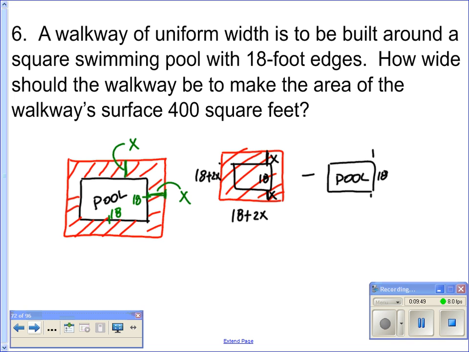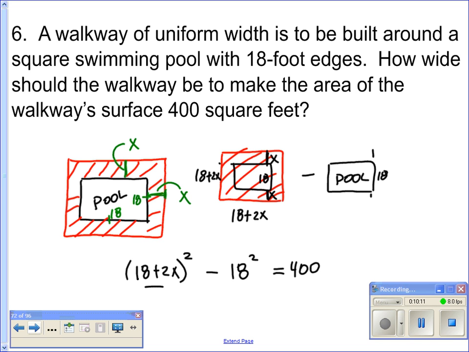All right, so that means that 18 plus 2x is going to be the area on the outside, but now we need to knock out that pool area, which is going to be 18 squared, the 18 by 18 pool. And what we want is for that to be 400. All right. So now that's our equation.